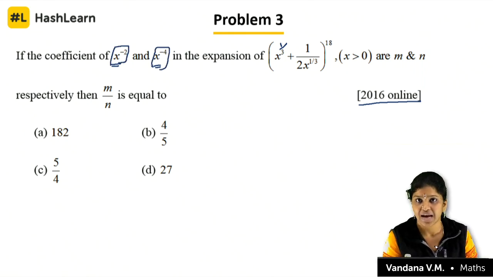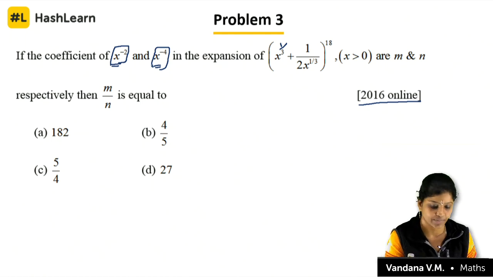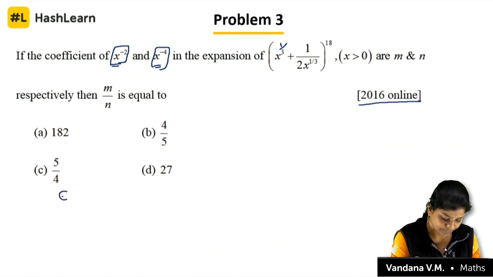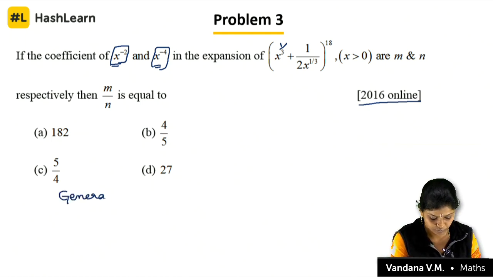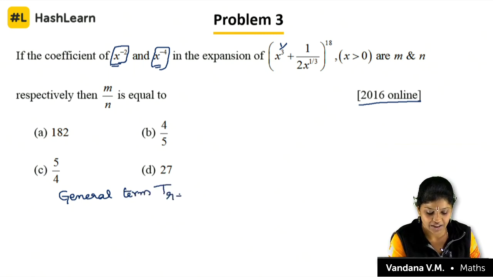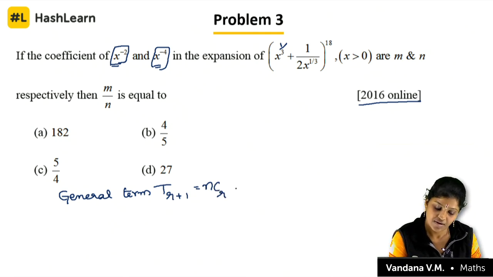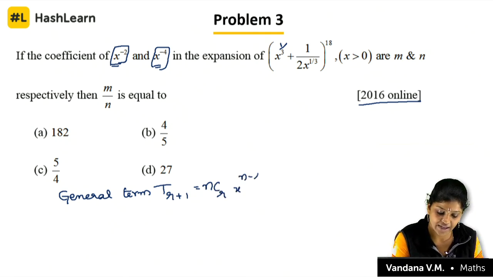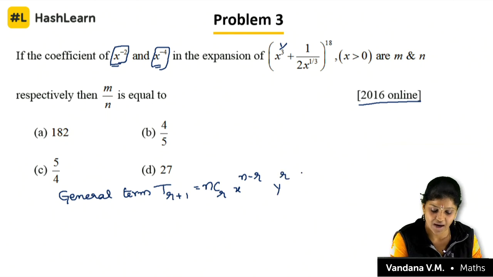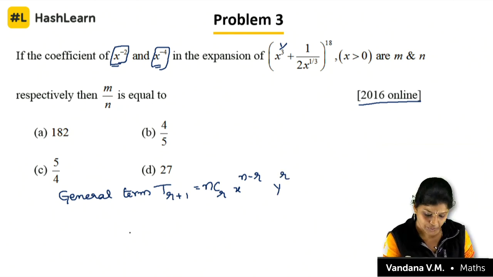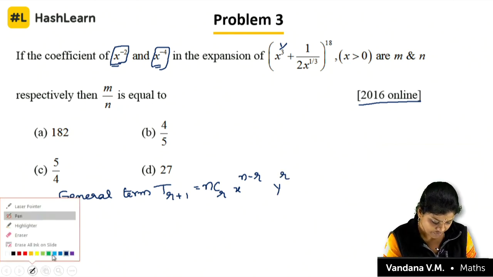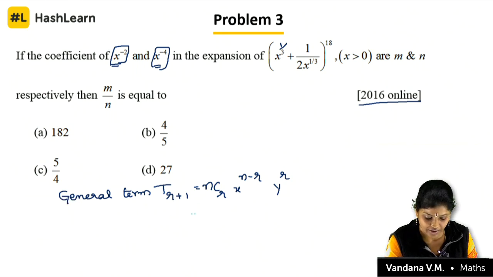So, let us start writing the general term. What is the general term? TR plus 1 is equal to NCR x power n minus r y power r. Now, substitute these values over there. If I apply, what I will get, children?